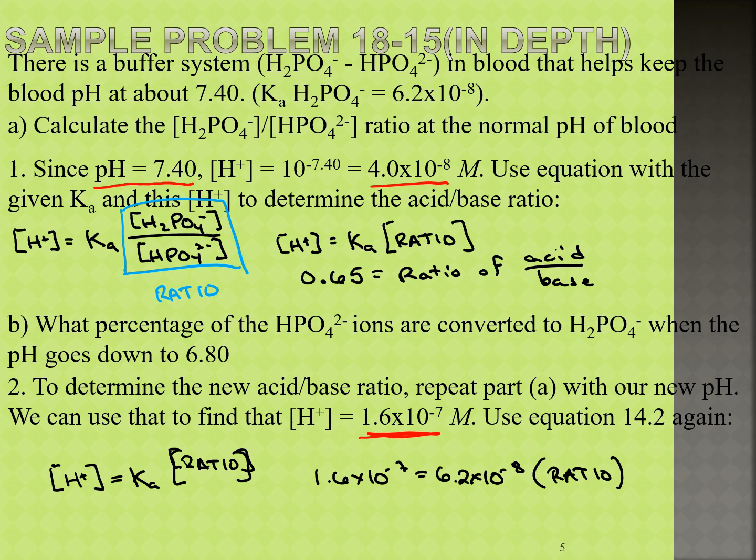And so our new ratio in this case is going to be 2.6. Now that hasn't really answered anything. All it tells me is that the acid to base ratio has changed to 2.6. Let's see on the next slide what we're going to do with that information.